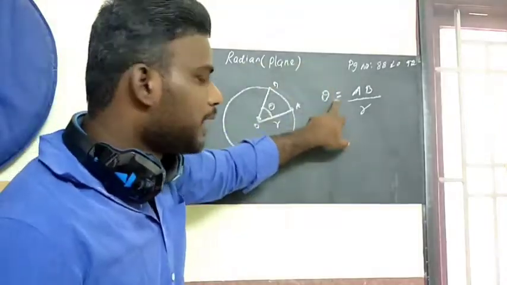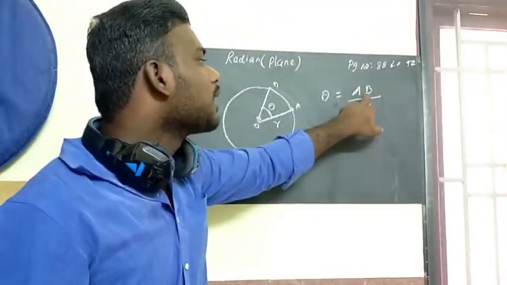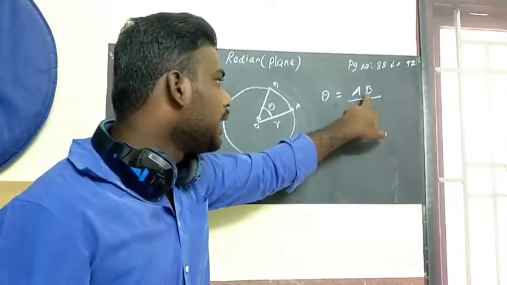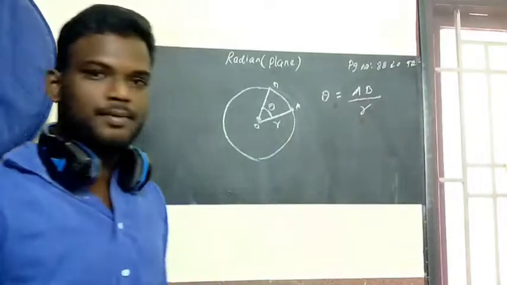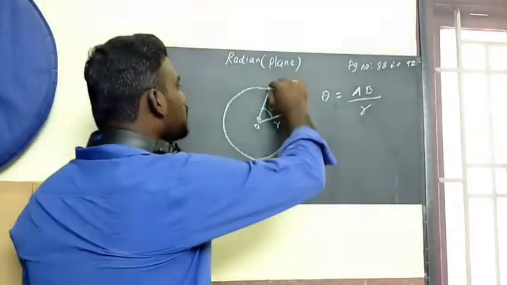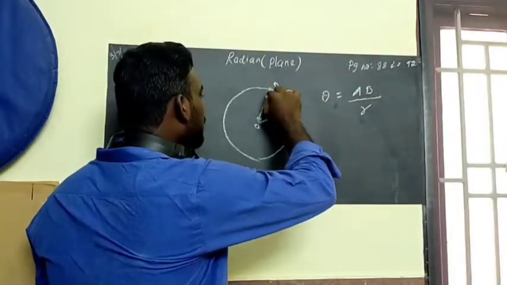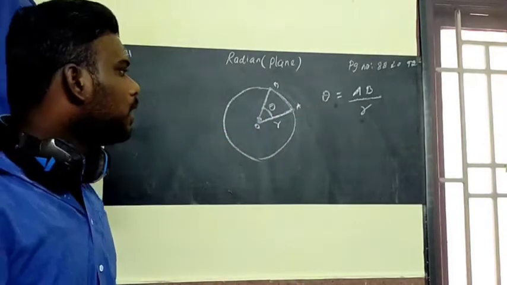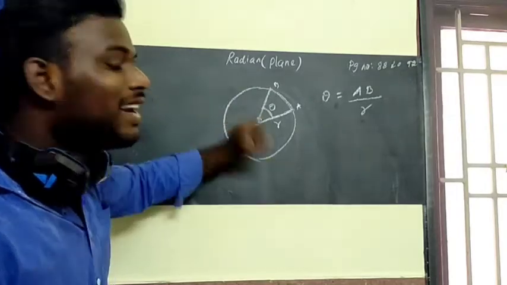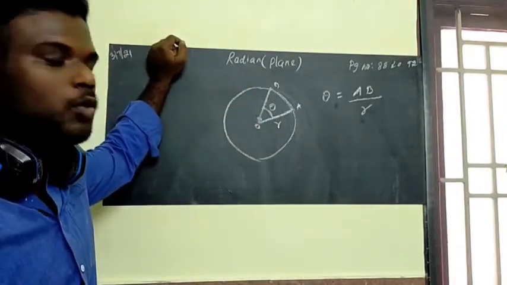So when an arc length is divided by the radius of the circle, we get radian. Is that clear? So the angle is made by the arc length. And when we say this is 1 radian, it's 1 radian.